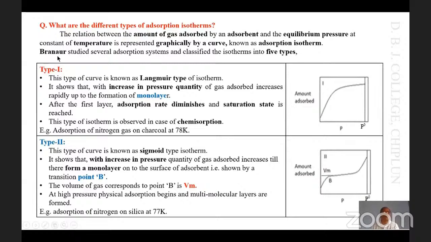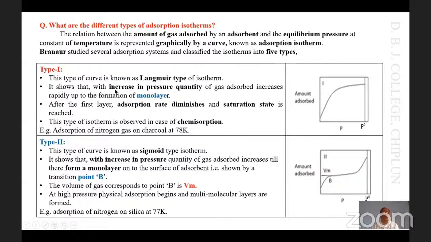The scientist Brunauer studied several adsorption systems and classified the isotherms into 5 types. Let us discuss one by one in detail. Type first. This type of curve is known as Langmuir type of isotherm.